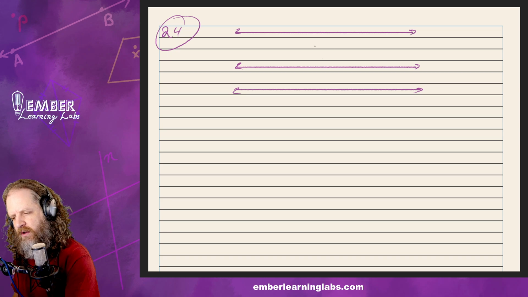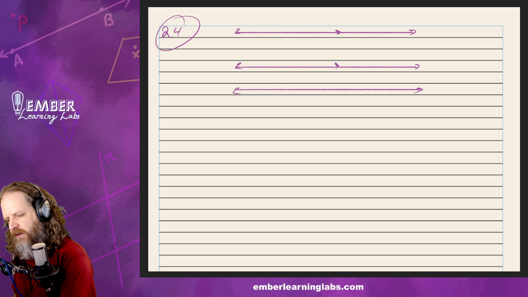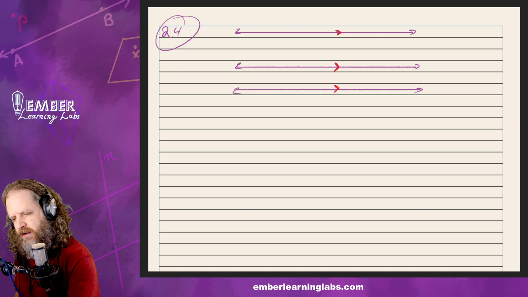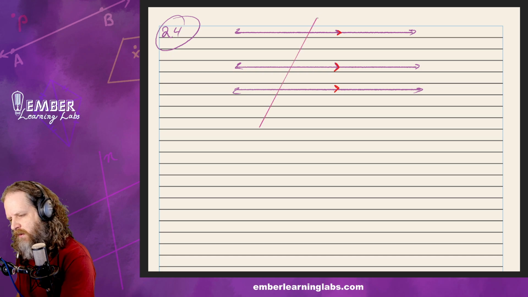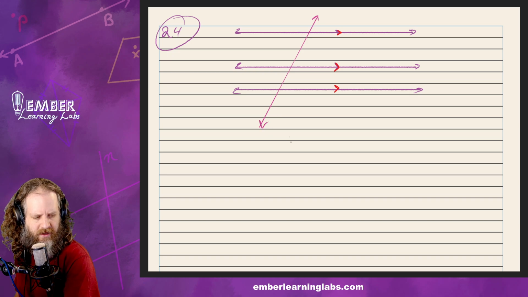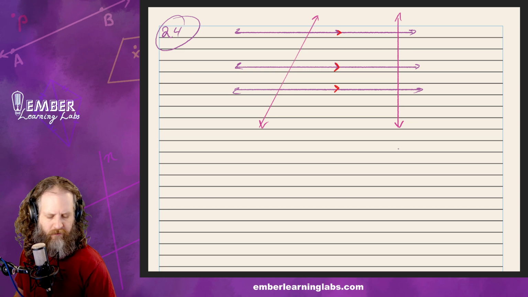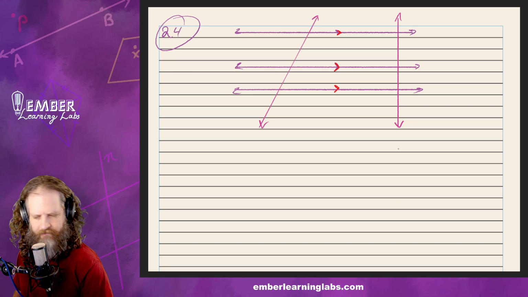We are told that they are parallel to each other. And we have a couple of different transversals crossing them. We have one that looks kind of like that. It's more steep in the picture, but that's fine. And then we've got one that looks like it's perpendicular to the other ones. I don't think we have anything that says it is, but it looks like it is.